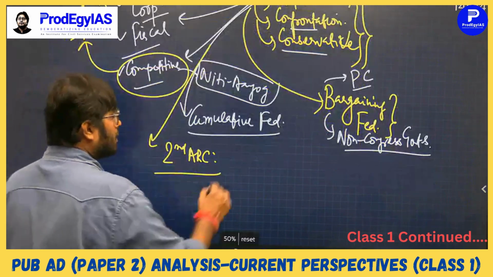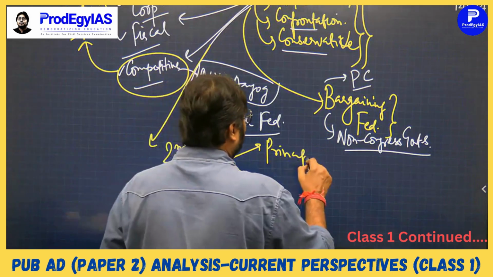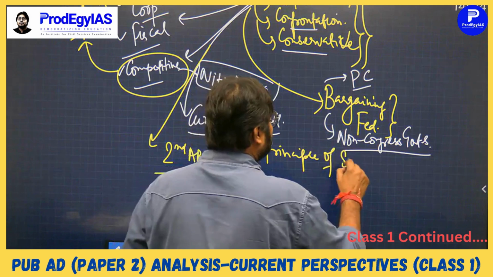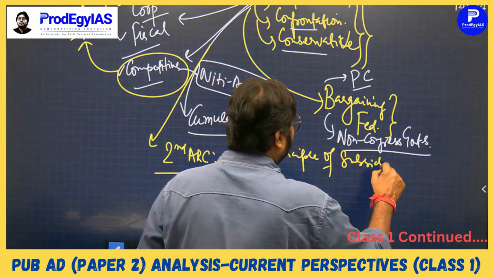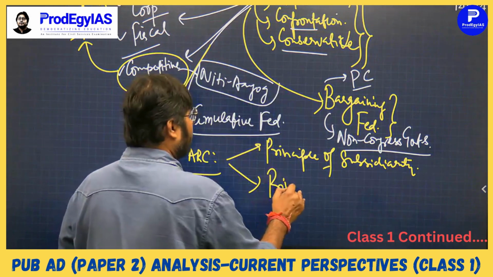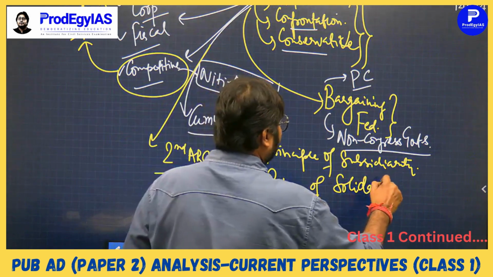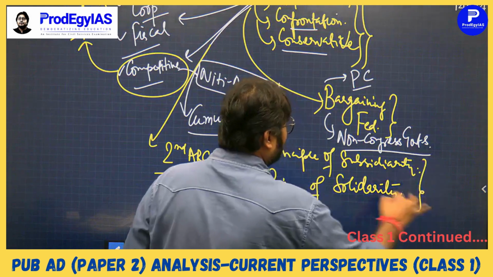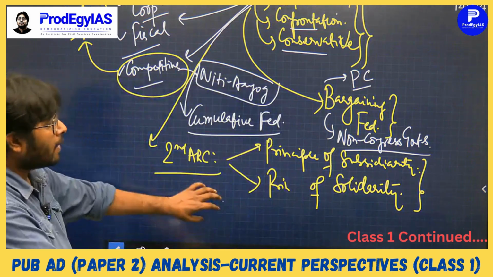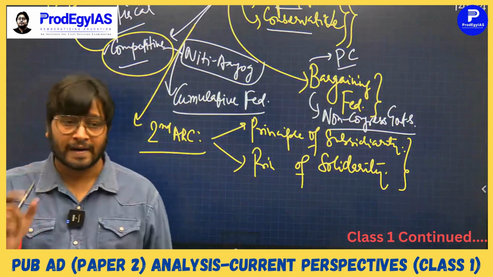The Second ARC says two models are important: the principle of subsidiarity, and the principle of solidarity. What is subsidiarity? The power must move to the lowest level.